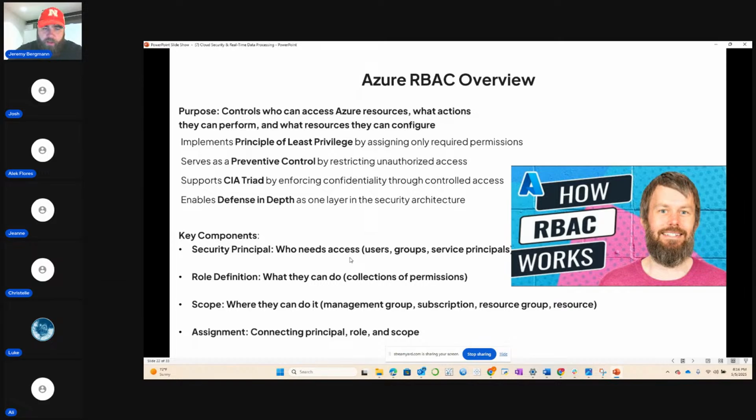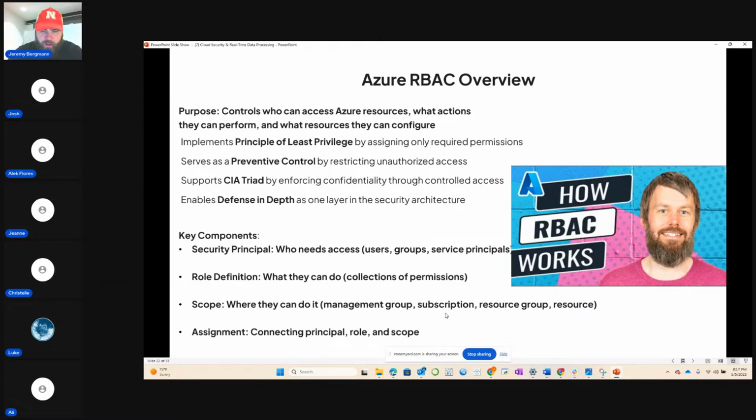Okay, the key components are the security principal. It's who needs access: users, groups, and service principals. It's like who has access to, or who does what within each one of the services or resources. This is where the configuration in Azure gets really challenging. Role definitions: what can they do? What's their scope?